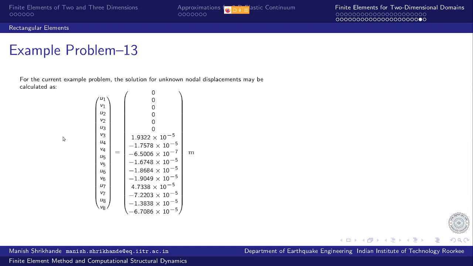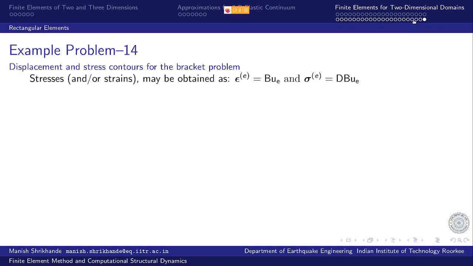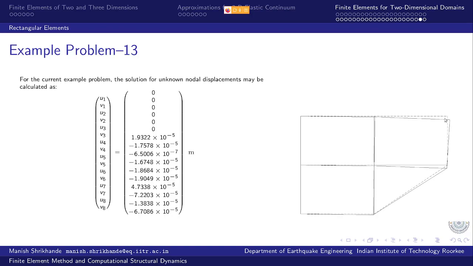So the displacements can be evaluated after the solution, and this is the displacement that we have from this system of equations, and this is the displacement shape, the deflected shape of the bracket. As you can see, it is consistent with the deformed shape that you would expect in the applied loading, a vertical load downward at this point, and a hogging bending moment at the free end, so that would again add to this flexure.